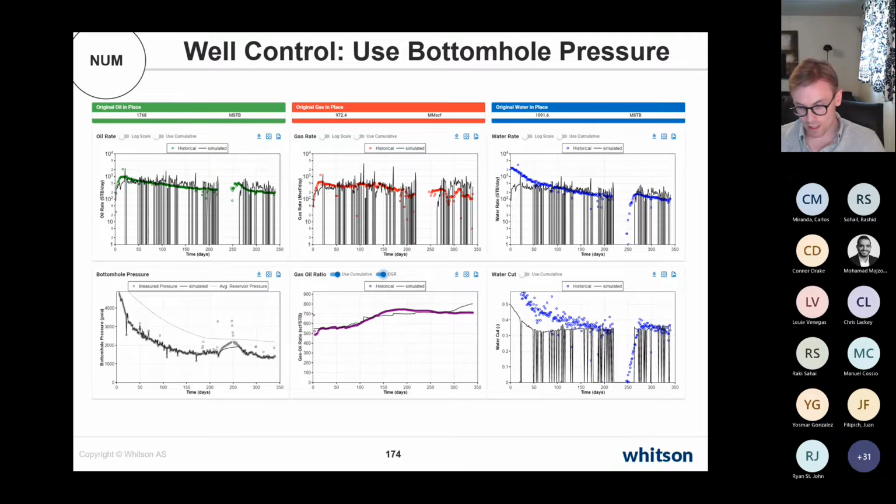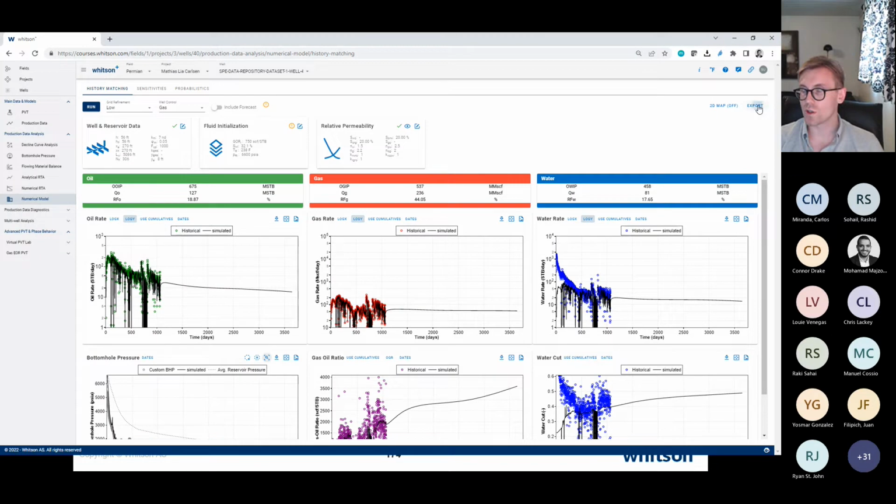Rashida has a question related to the simulation in the software, and the simulation is always done on a quarter symmetry model in Whitson Plus. What you can do in the software is go up to the right here, click export, and export it to Eclipse, Sensor, CMG IMEX, OPM Flow, etc. And you could then go in and make a more complex version of that model in any of those softwares.